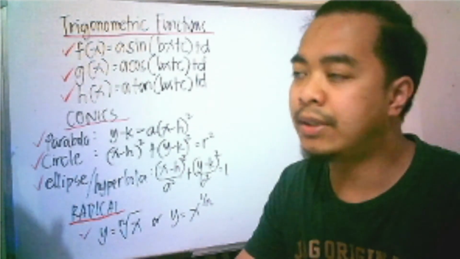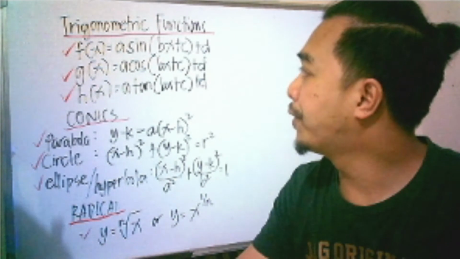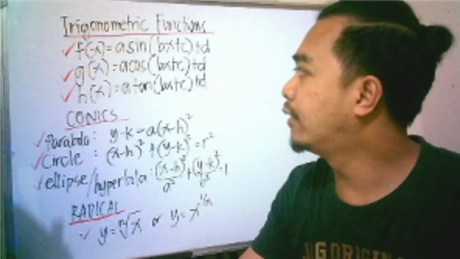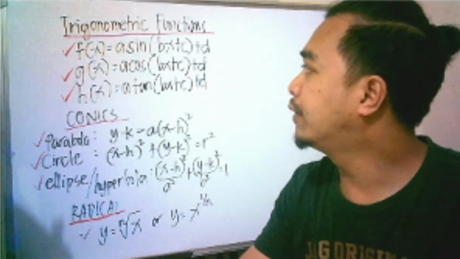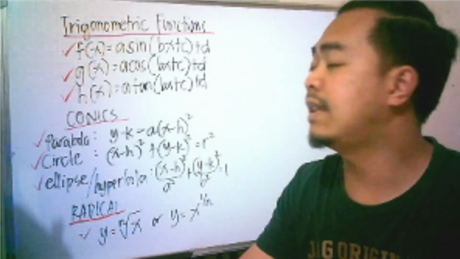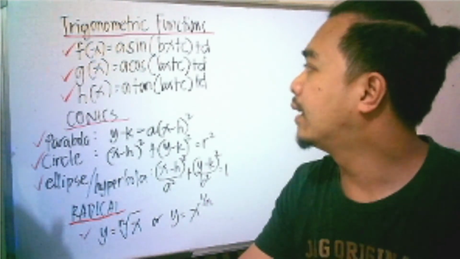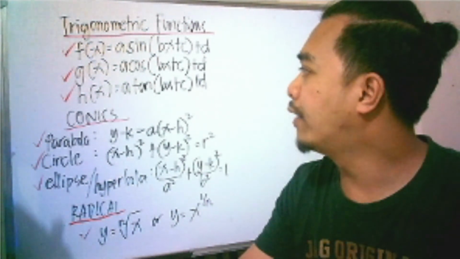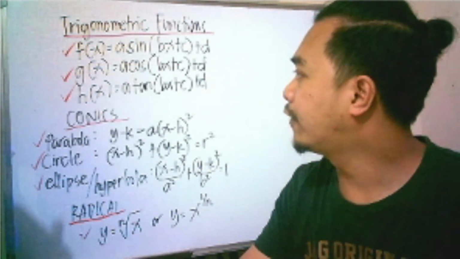So we can see here our trigonometric functions. I have written also their general form. For example, f of x is a sine function of the form a sine bx plus c plus d. So this is the most general form of our sine function. We also have a general form for the cosine function and our tangent function.